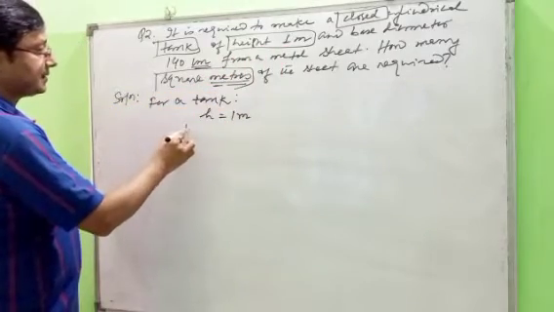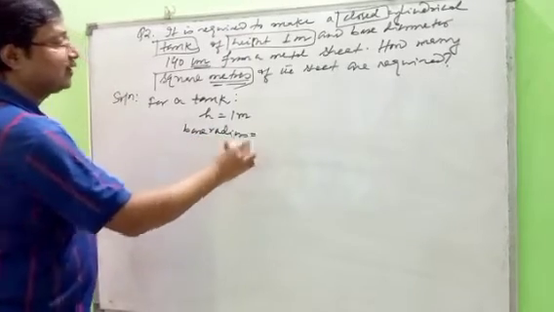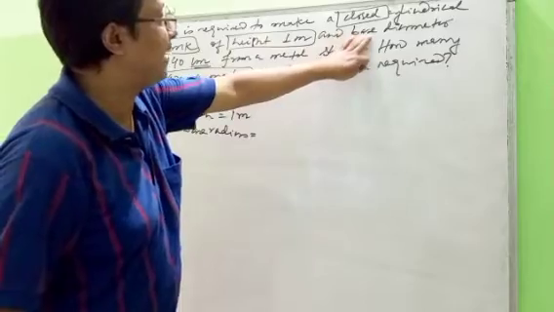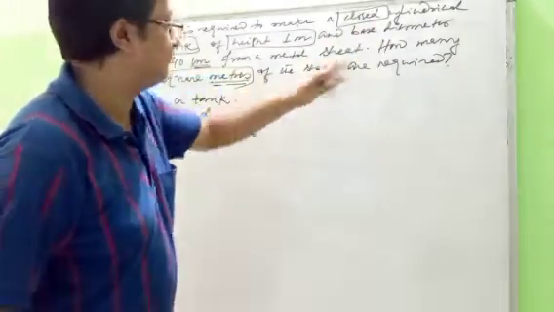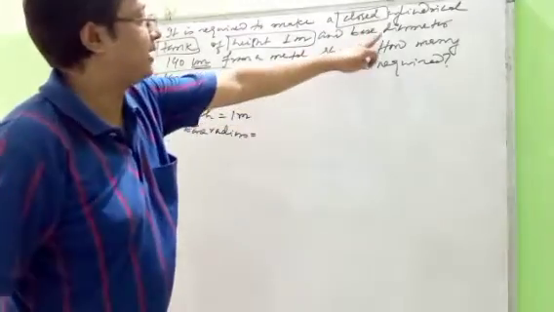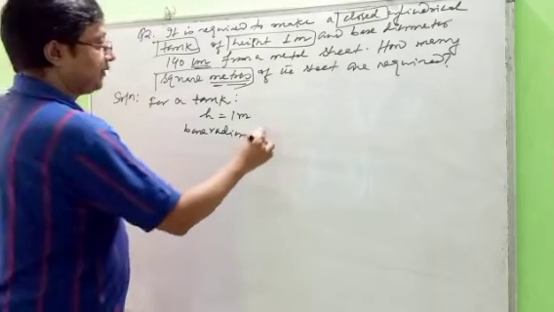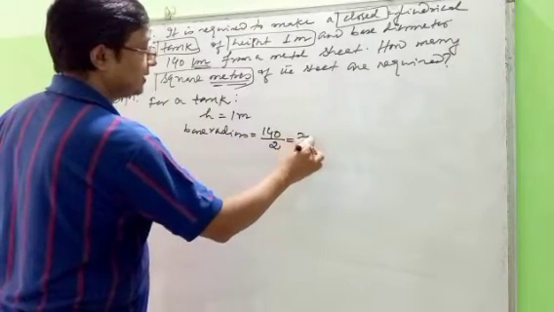Then the base radius. Even if they have given the diameter, you just make it half, because in your formula you will get r, not d. They have given the diameter as 140, just make it half, you will get 70 centimeter.